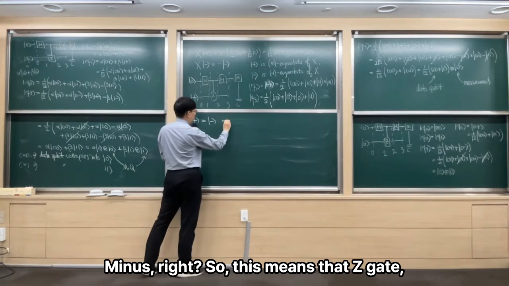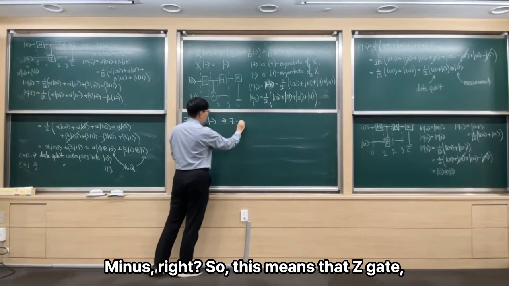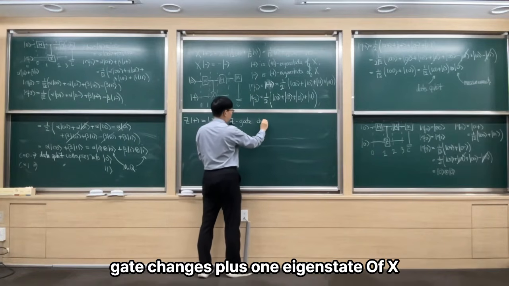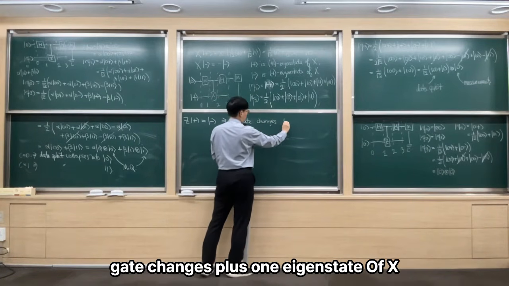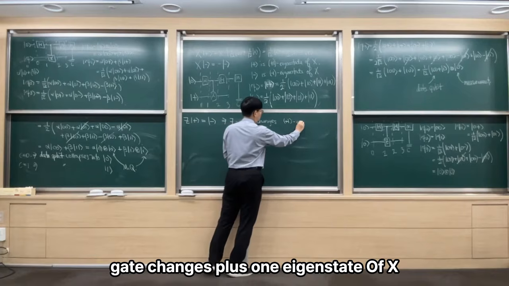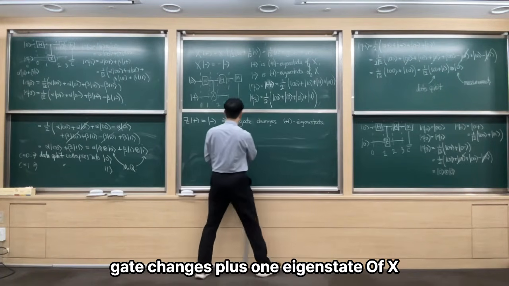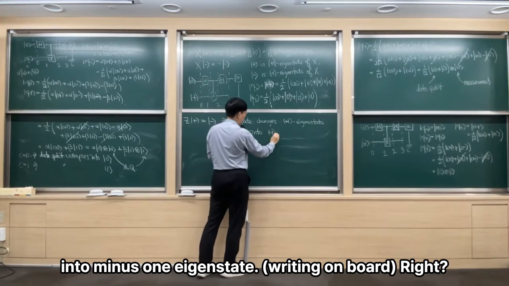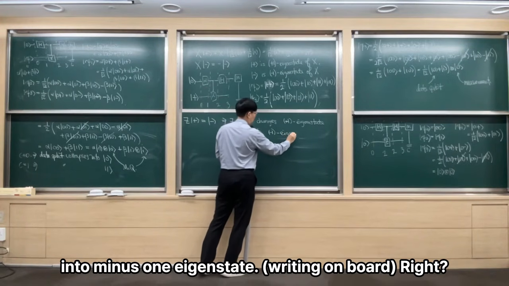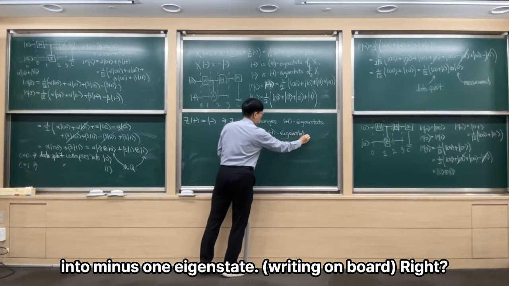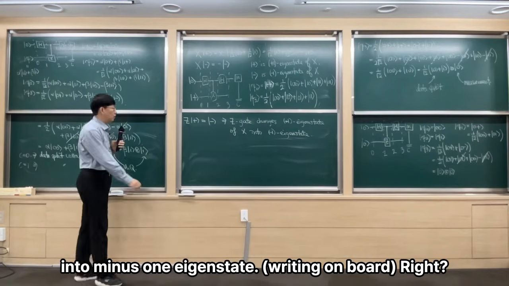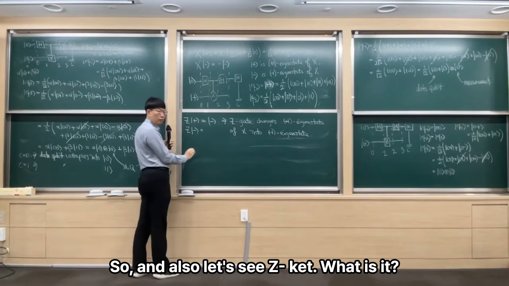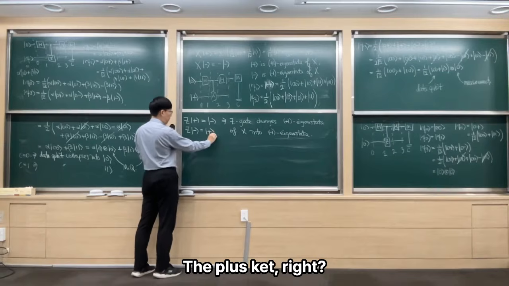So this means that the Z gate changes the +1 eigenstate of X into the -1 eigenstate. And also let's look at the minus cat. What is it? It's the plus cat, right?